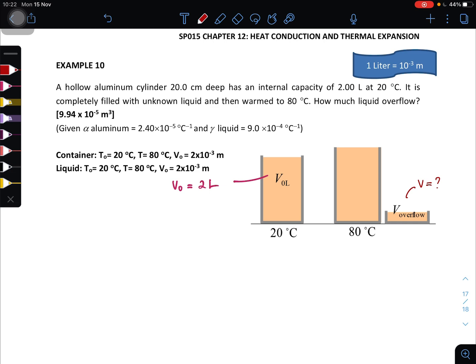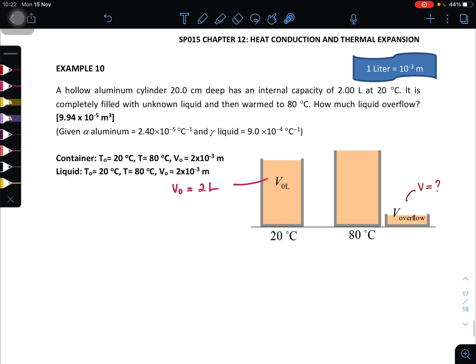Okay, so now since we learned that when we heated a container with liquid inside, both container and the liquid will expand. So solid dan liquid ni akan expand. Kedua-duanya akan expand. Okay. But we know that the expansion of the liquid is faster compared to the solid.